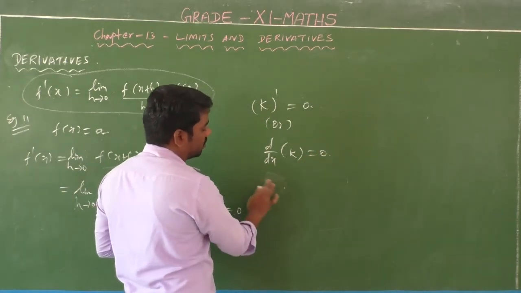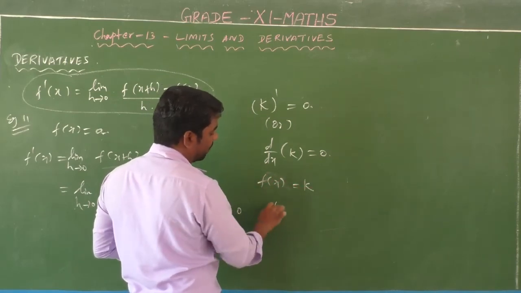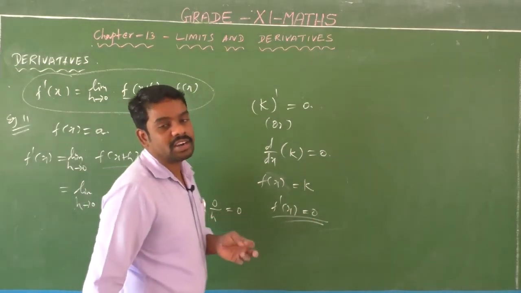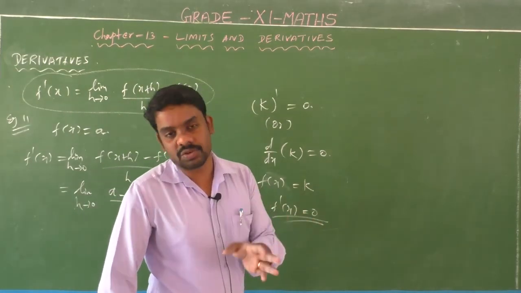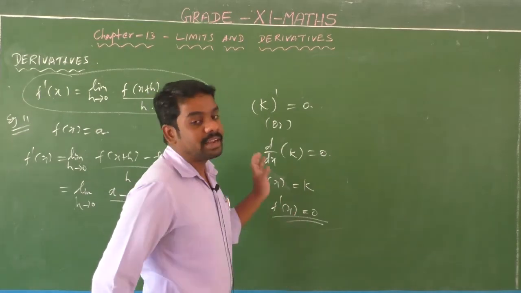So if f of x is equal to k, any constant, then f dash of x is equal to 0. So the derivative of any constant function is always 0. Differentiating a constant function, the answer is 0. Okay, right. Very, very important formula.